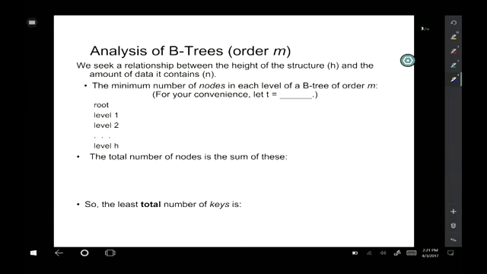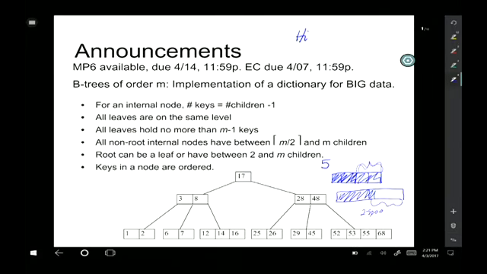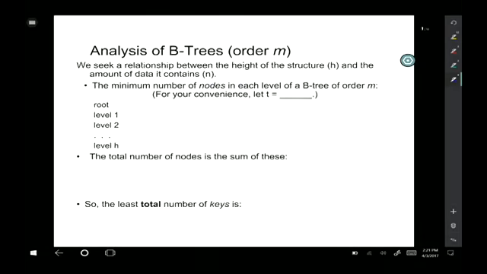Here's our strategy. The first thing we're going to do is count nodes. Like this is a node, this is a node, this is a node. And then we're going to ask, what's the fewest number of keys we can throw into each one of those nodes? We're going to count nodes level by level.